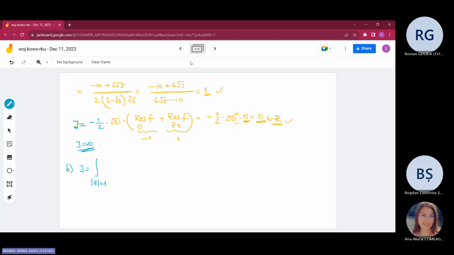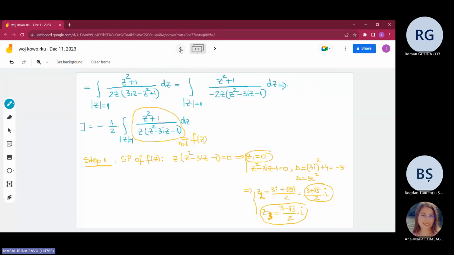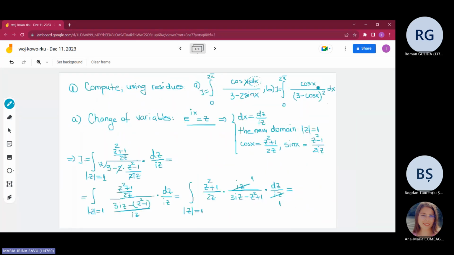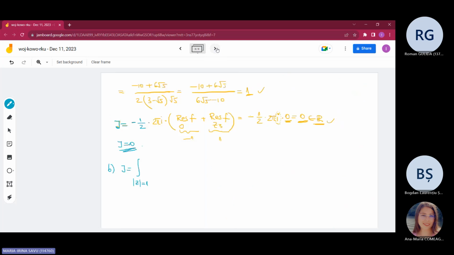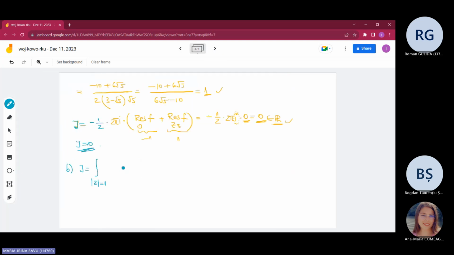So this is the domain, and let's take a look at the function. This is cosine over 3 minus cosine squared. So instead of cosine, put z squared plus 1 over 2z, right?